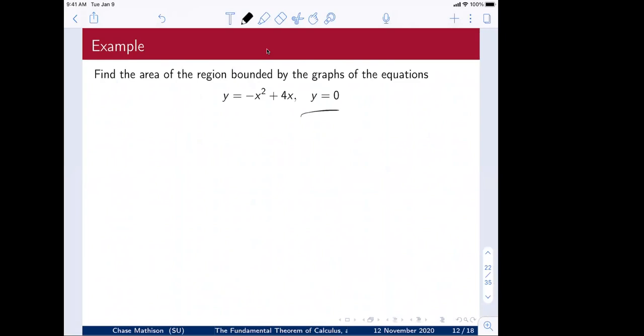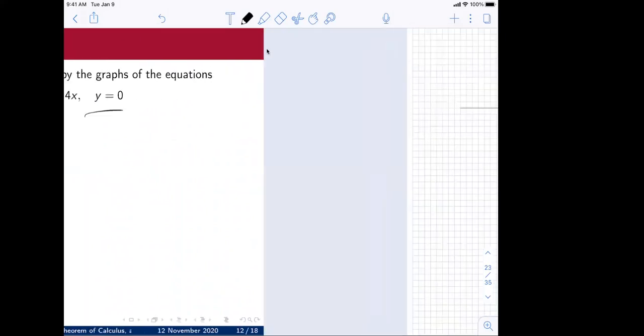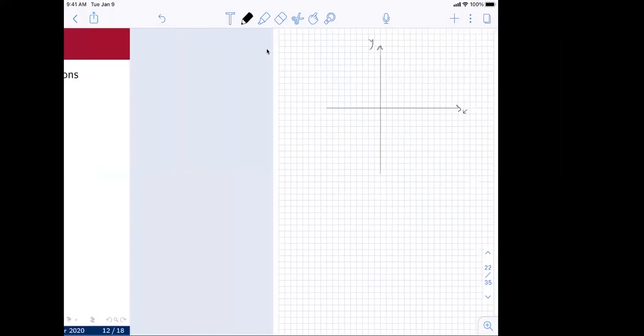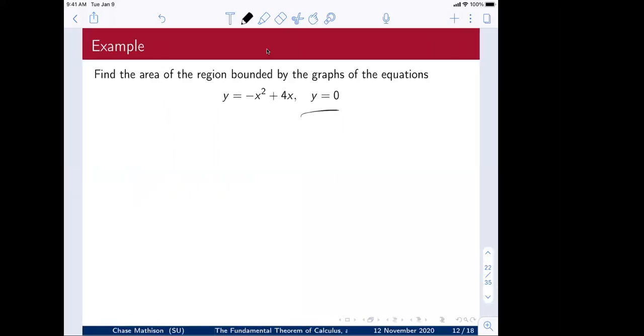I'll start with y equals 0. That's an easy one. Done. Y equals 0 is the x-axis. Halfway there. All right, so y equals negative x squared plus 4x.